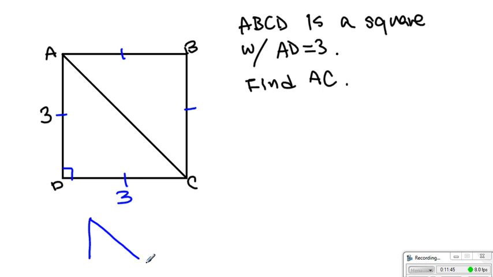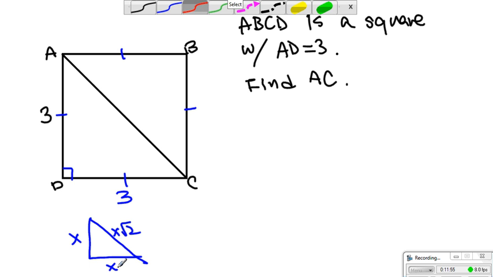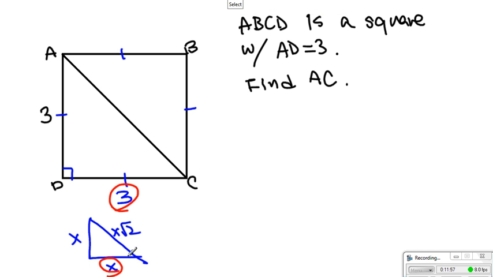Then if you have to use the ratio of x, x, x root 2, you will realize that in place of x we have 3. Therefore, the hypotenuse of the triangle, which is the diagonal you're looking for, AC, must be 3 square root of 2. And we can find this one quite easily by comparison.